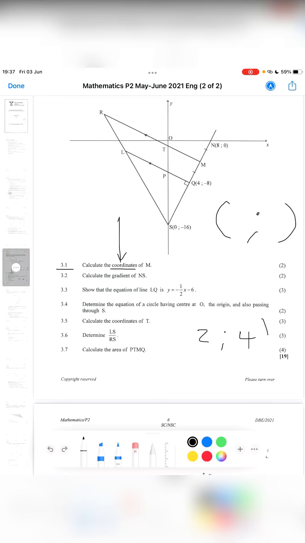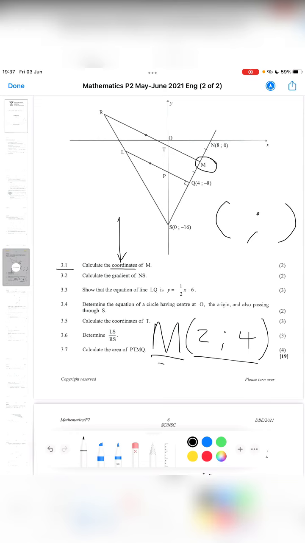Then we know you've given the coordinates. But now, the coordinates of what? Is it the coordinates of R? Is it the coordinates of L, T, P, whatever? So, the coordinates of M, then we know we are talking about that point being M. So it must be M as a point with these coordinates.